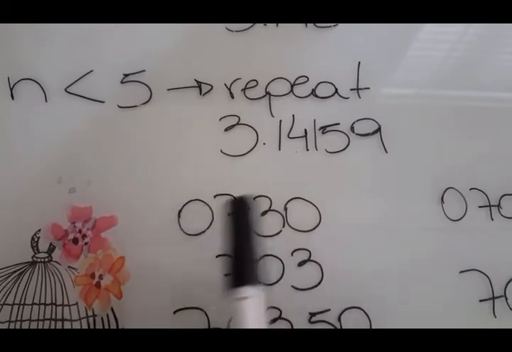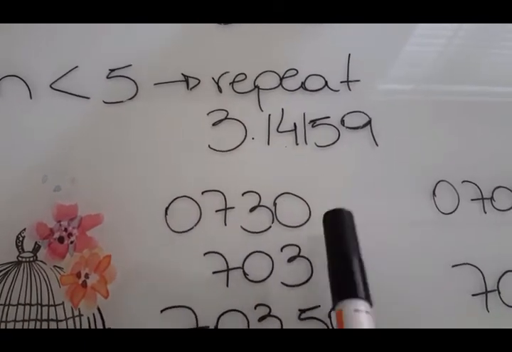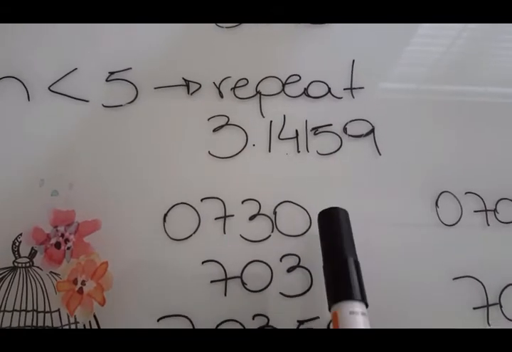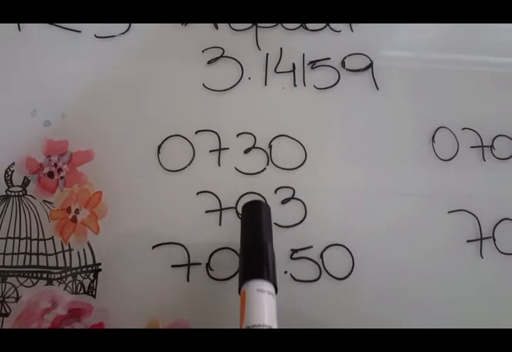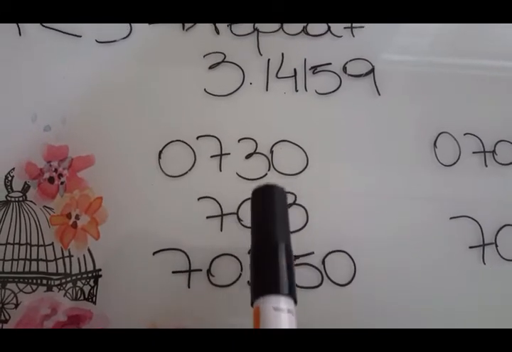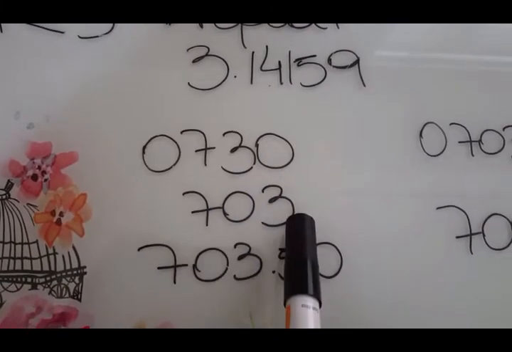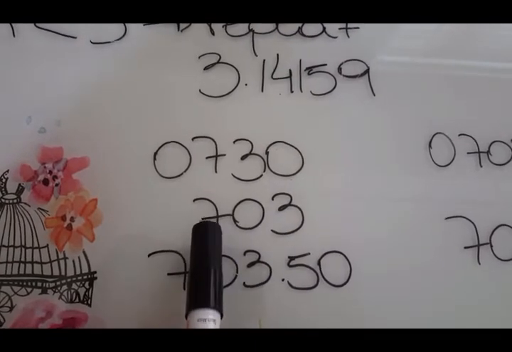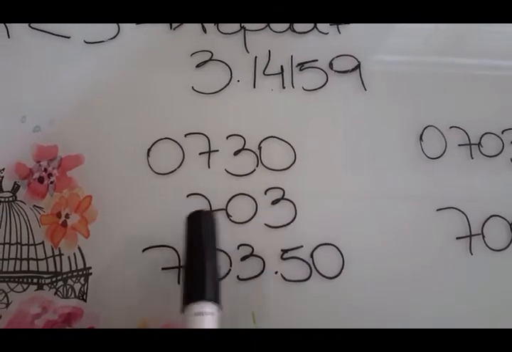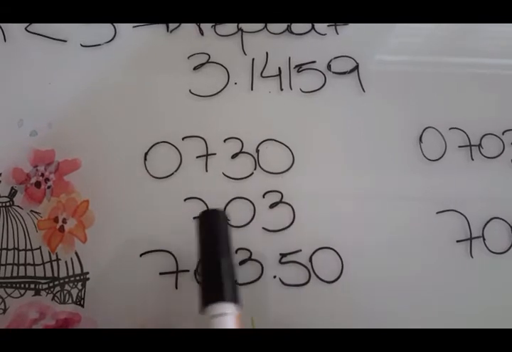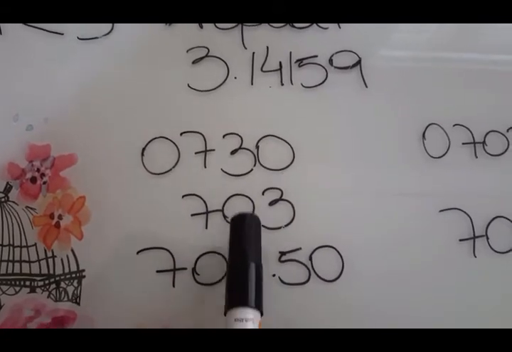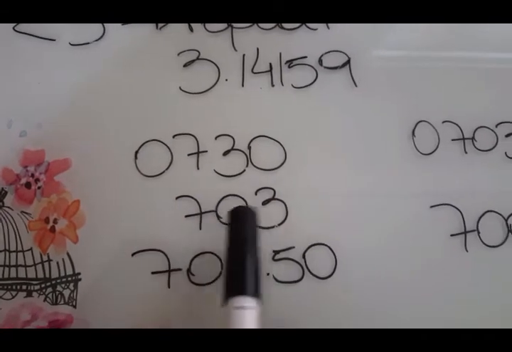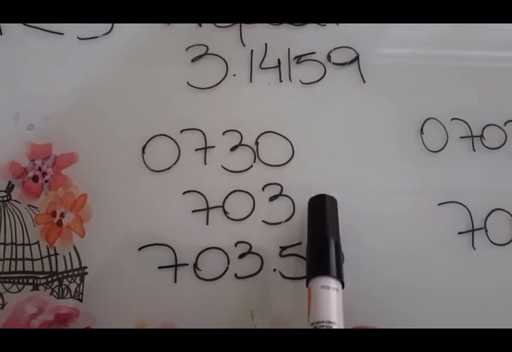0 is only a significant figure in a few situations. The first situation is when 0 is between two significant numbers. In this case 7 and 3 are significant numbers, so 0 is in between them. 0 is my significant number as well. In this case, all of them are significant numbers.